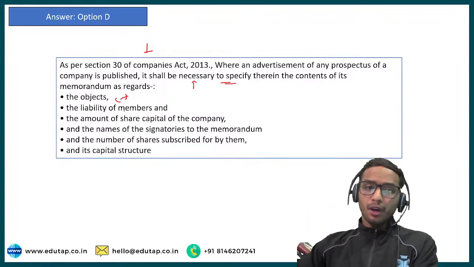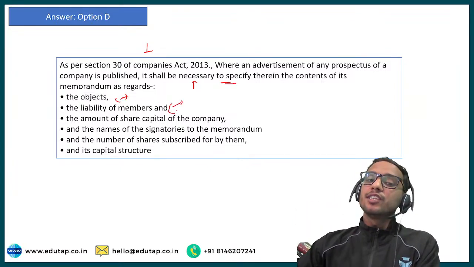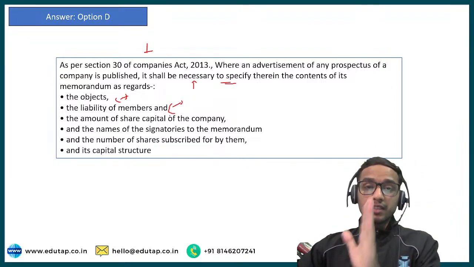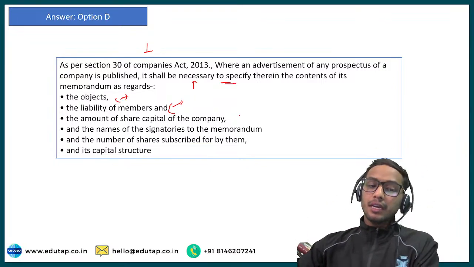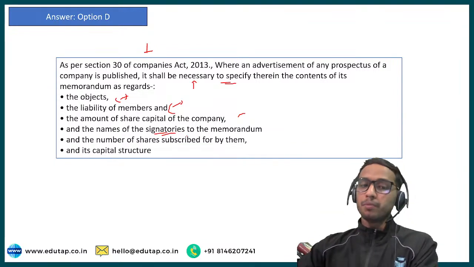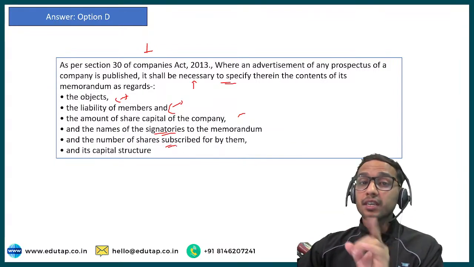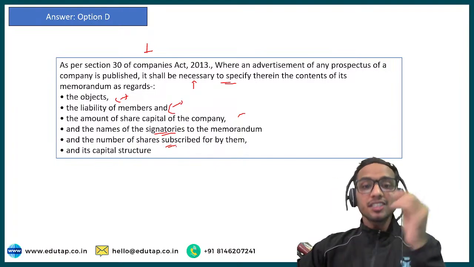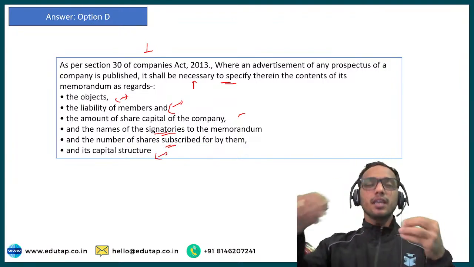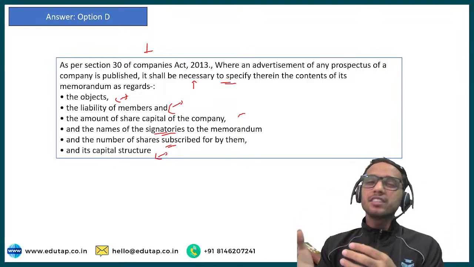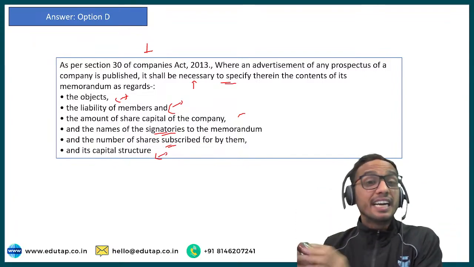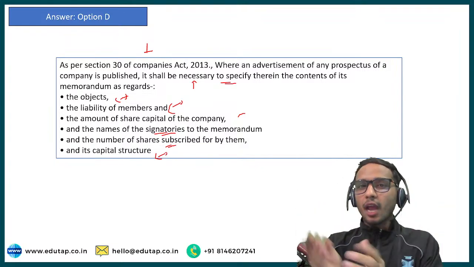Second thing, the liabilities of the members and the total share capital of the company need to be mentioned here. Another thing is that the names of the signatories of the memorandum should be mentioned, and the number of shares that have been subscribed by the signatories, and the capital structure. Capital structure means right now what is the percentage of share capital and what is the percentage of debt we have.